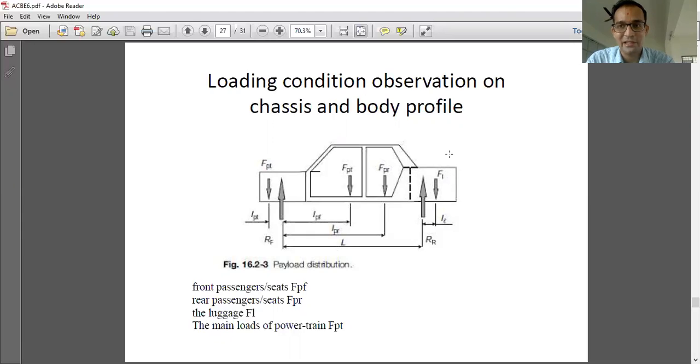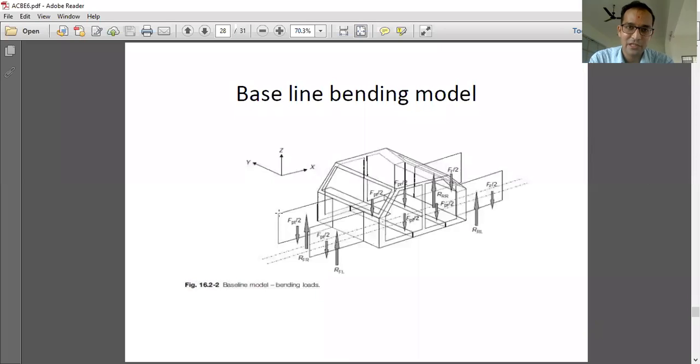To find those reactions, we go for a particular observation of moments at a zone. So what is going to be the configuration? Here I have shown the baseline bending model, which is considered for observation of the actual loading condition that we identify inside an automobile.